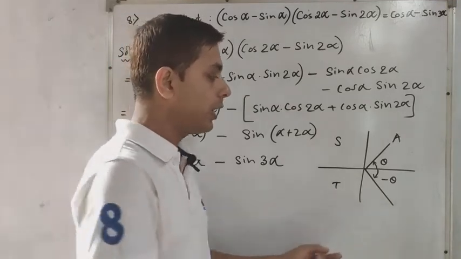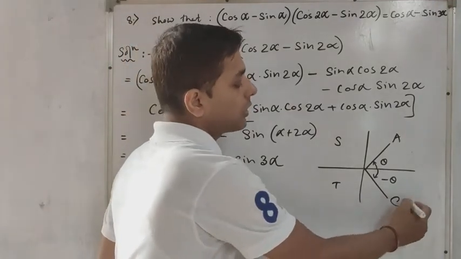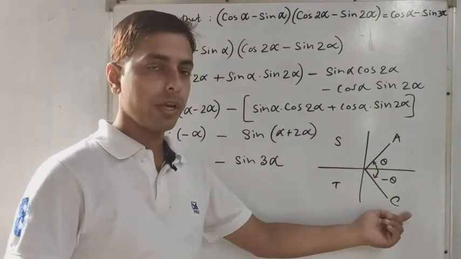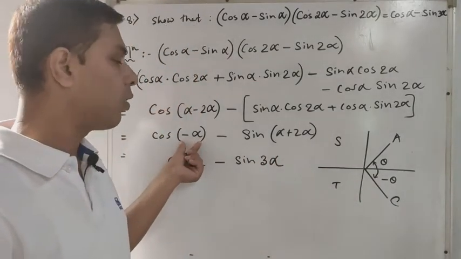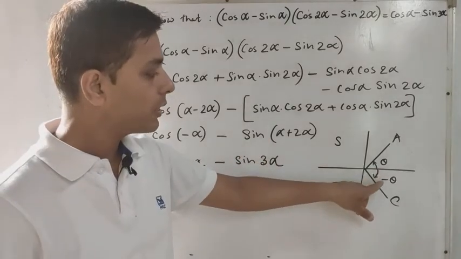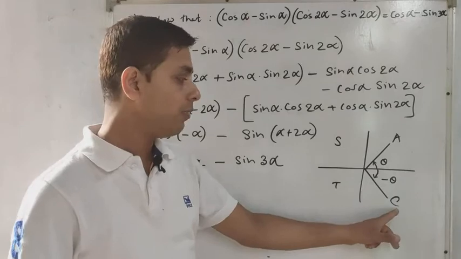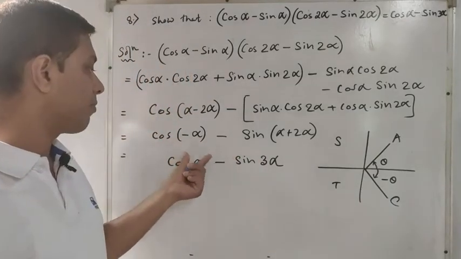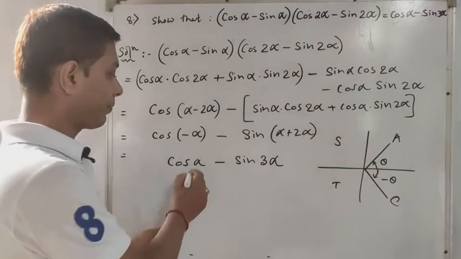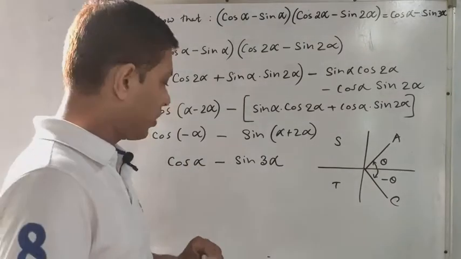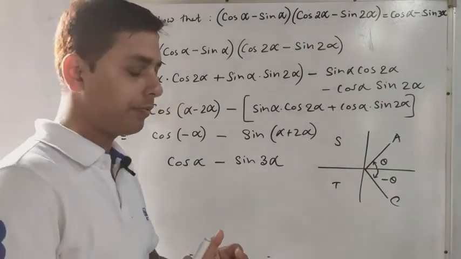Then in the fourth quadrant, cos and its reciprocal, that is sec, are positive, rest all are negative. Since minus theta or minus alpha will come in the fourth quadrant, and in the fourth quadrant cos value is positive, so cos of minus alpha is also plus cos of alpha. Okay, so cos of negative angle will give you the positive cos alpha.